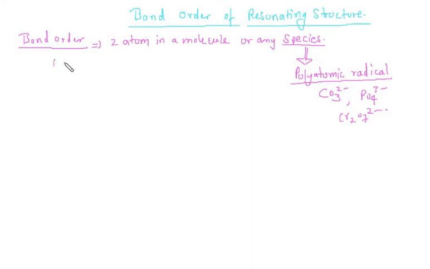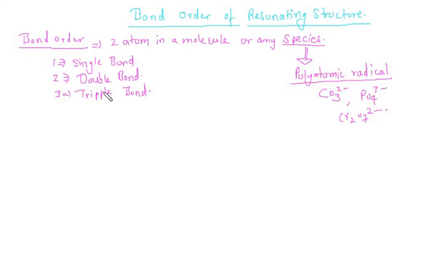If bond order is 1, it simply means there is a single bond. If bond order is 2, it means there is a double bond. And if bond order is 3, it means there is a triple bond.